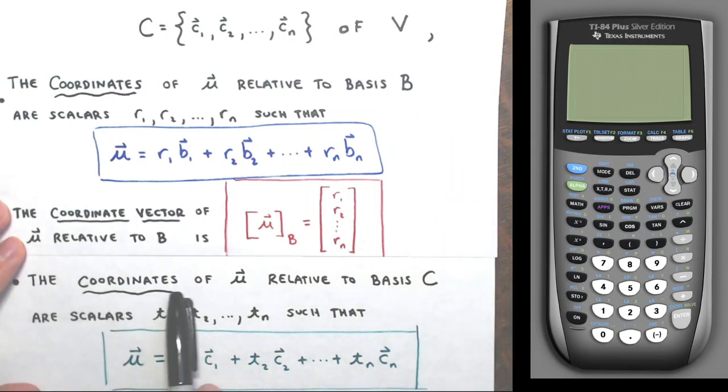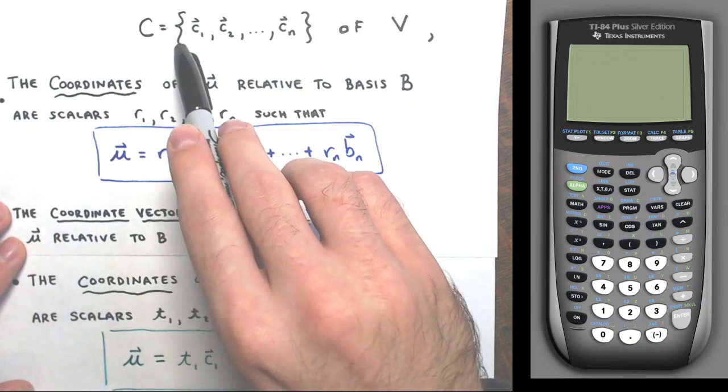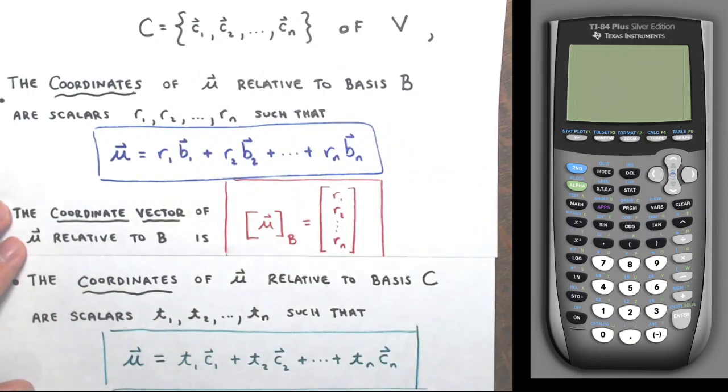The coordinates of u relative to basis C are scalars, different from the r's, t1, t2, through tn, that are the weights of the linear combination of the vectors from C that make vector u, such that u equals t1 times c1 plus t2 times c2 plus and so on up to tn times cn.